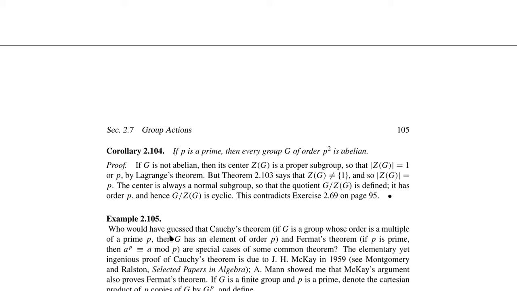One of the corollaries of Cauchy's theorem is if p is a prime, then every group G of order p squared is going to be abelian. That makes sense. If G is not abelian, then the center is, of course, a proper subgroup. So its order is going to be 1 or the prime p, because there's nothing else that would divide p squared.